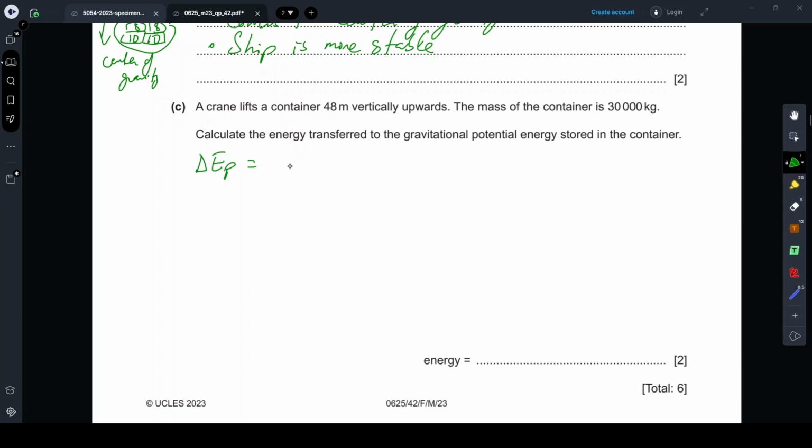So mass multiplied by g multiplied by h. Is that correct? So mass is 30,000 kg. The height change is 48. So, what are we getting out of this?